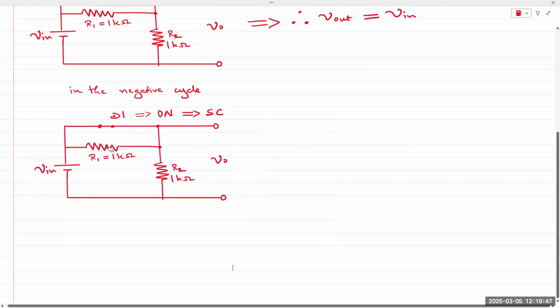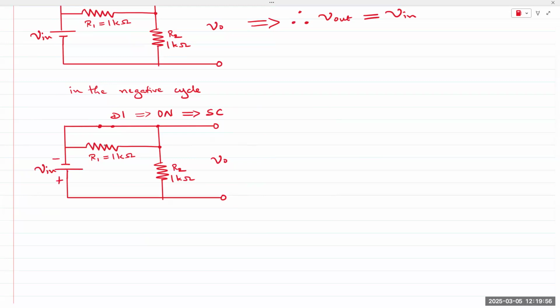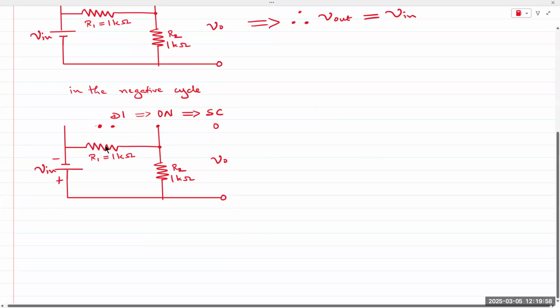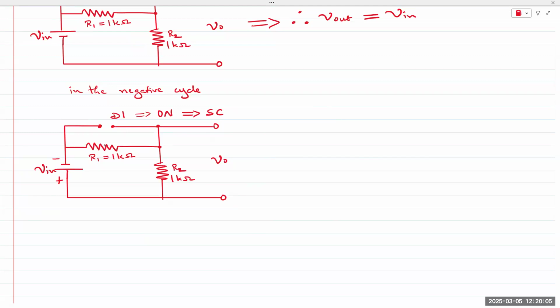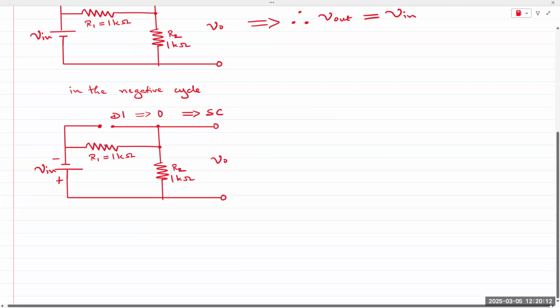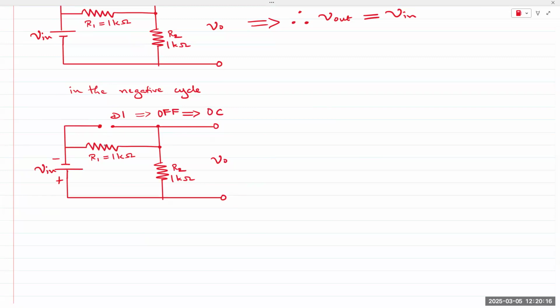What do you think happens in the negative cycle? The diode is off, and so it behaves like an open circuit. So what is V out now?